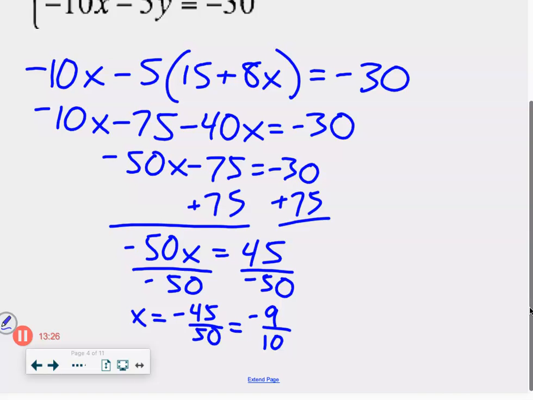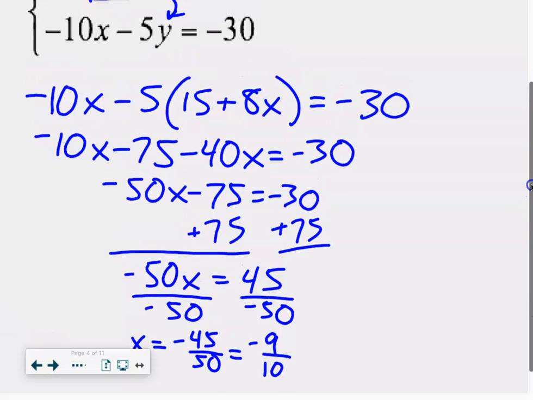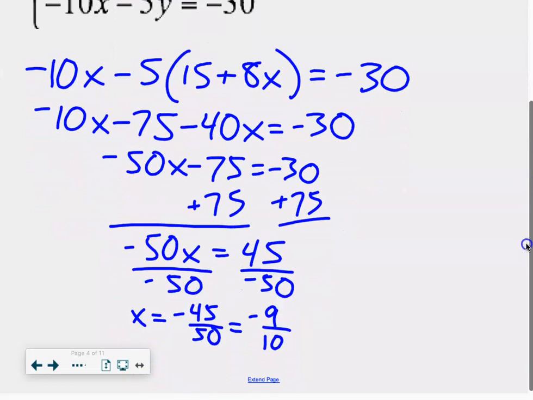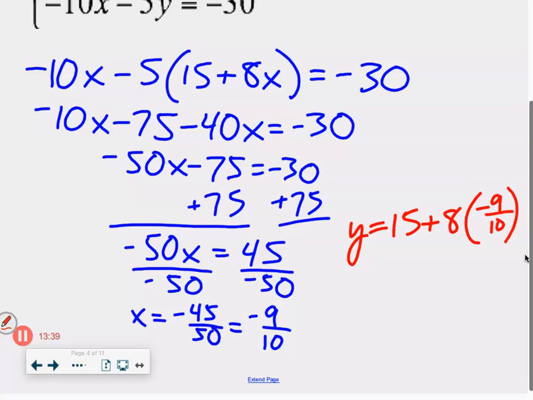So, okay, let's go ahead and find y. y equals 15 plus 8x. So y equals 15 plus 8 times negative 9/10. 15 minus 72/10. So, let's see, you know what, I'm going to reduce this first. 36/5.